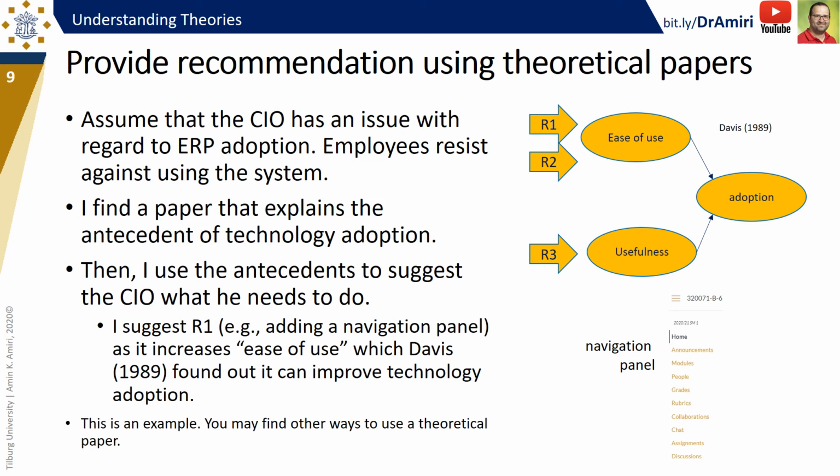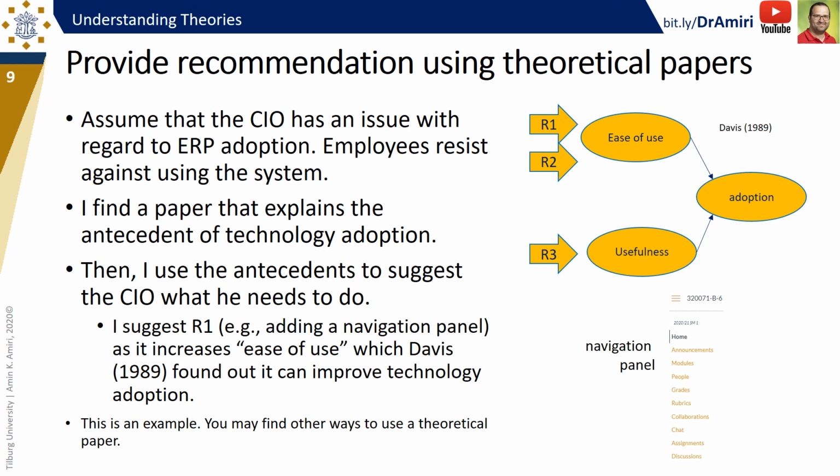Let me explain how I use theoretical papers to provide recommendations to the CIO. Assume that the CIO has an issue with regard to adoption of a technology such as enterprise resource planning systems. Employees resist using this system. So this is a problem that he has.